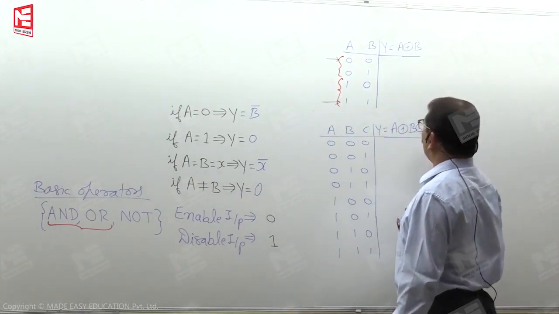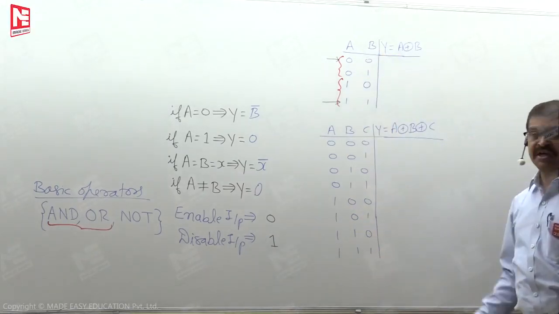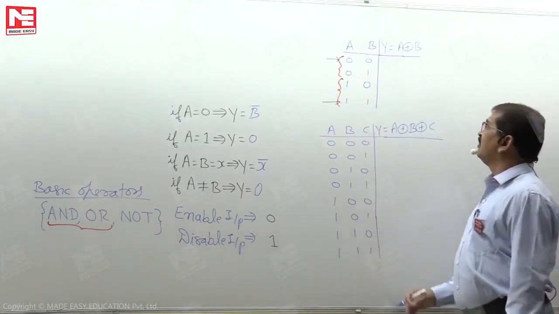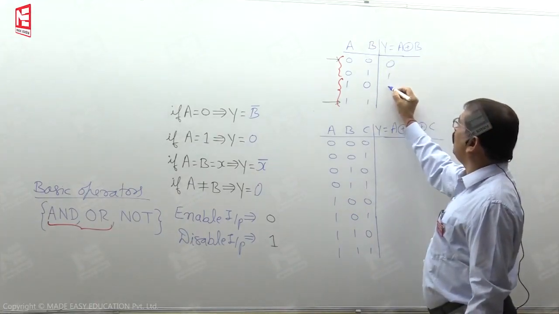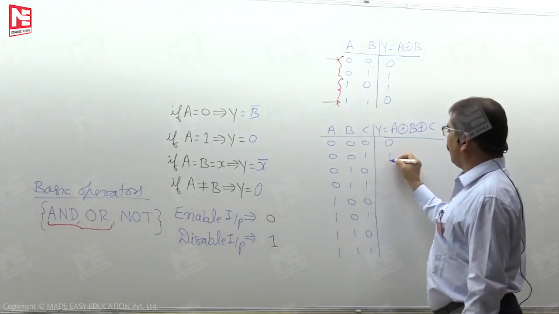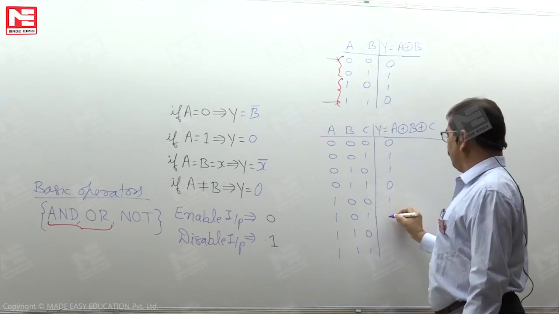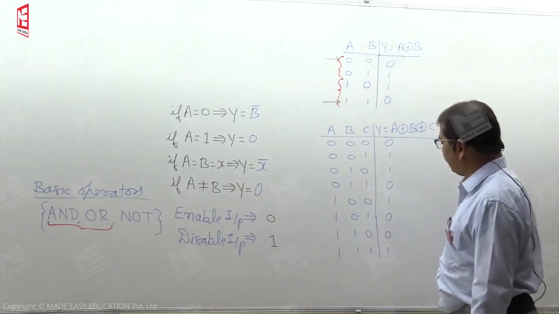On 2 variables, of course, we know these are the 4 possible combinations. On 3 variables, these are the 8 possible combinations. And we have a result of 1 whenever only one of the variables is 1, or all the 3 variables are 1.